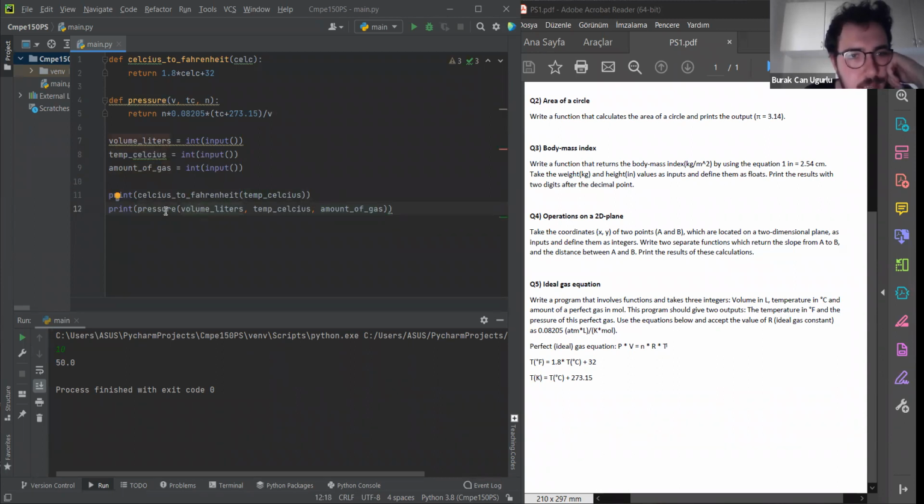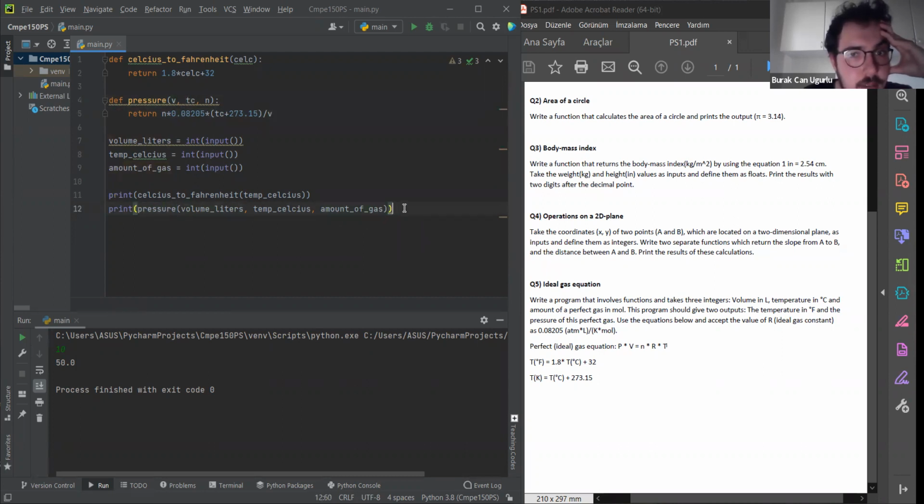We are defining a function named pressure, and the parameters V, T, C and n are assigned as volume in liters, temperature in Celsius, and the amount of gas in moles, as you can see here. And these parameters are used in the ideal gas equation here.